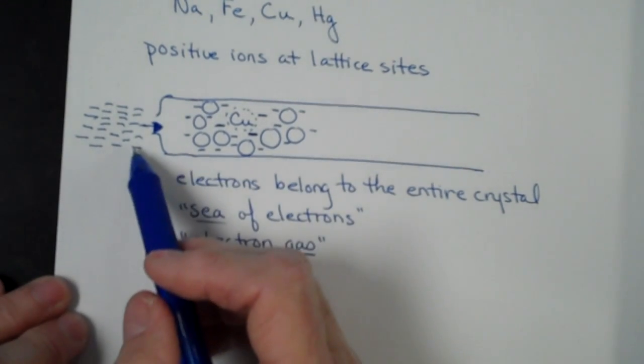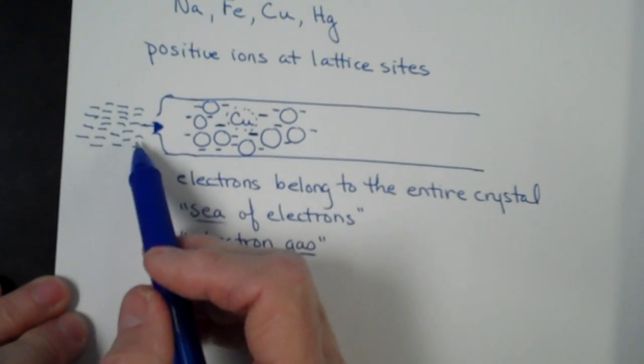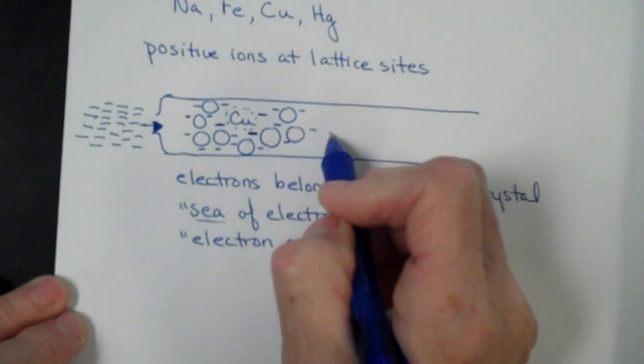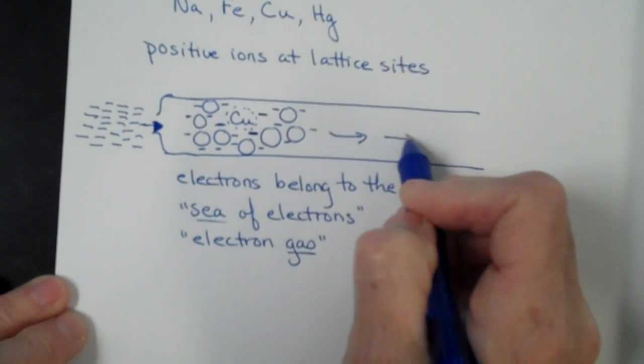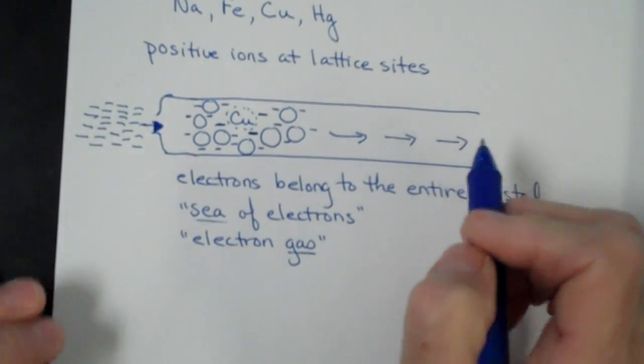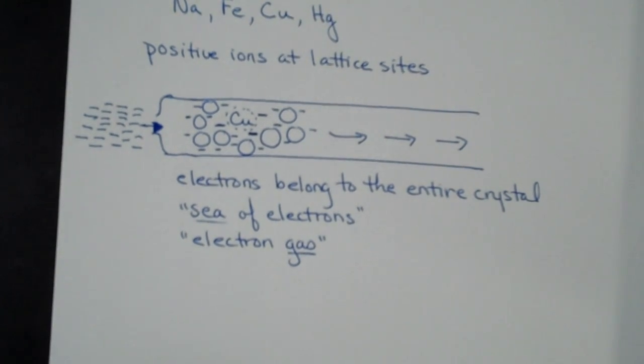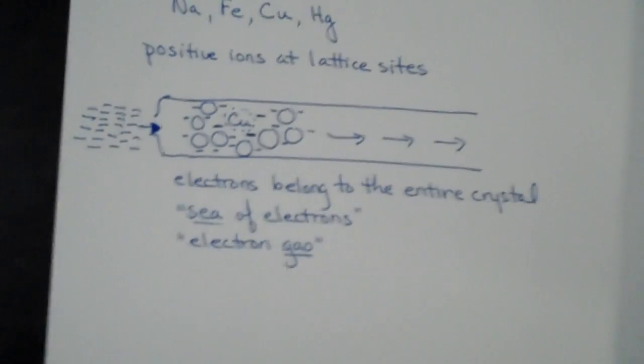They're going to be repelled by the electrons coming in. The electrons are going to be moving in this direction. And so we have a lot of electron flow. What is a property of metallic crystals? They are very good conductors of electricity because there is flow of charge.